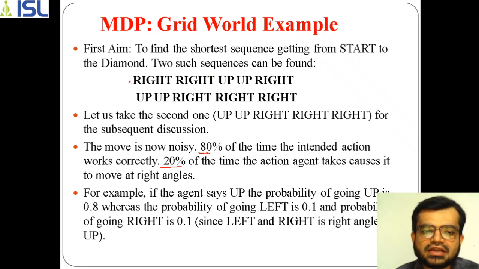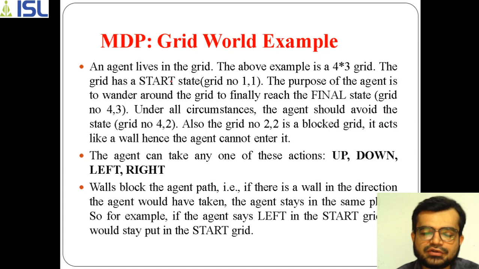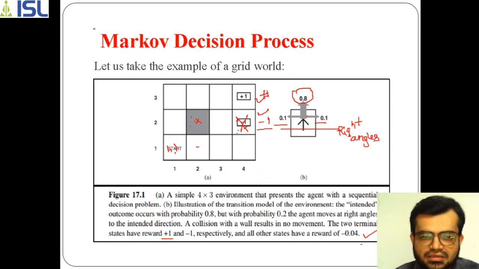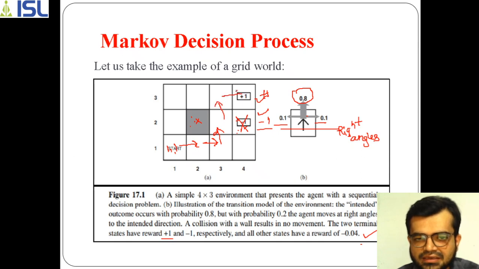If you observe this carefully, there are 2 sequences actually. The first is right, right, up, up, right. Going this way: this is right, again right, then up, then up, then again right.